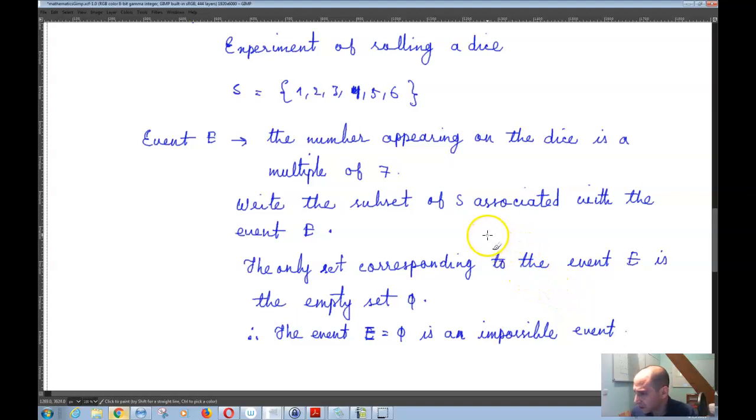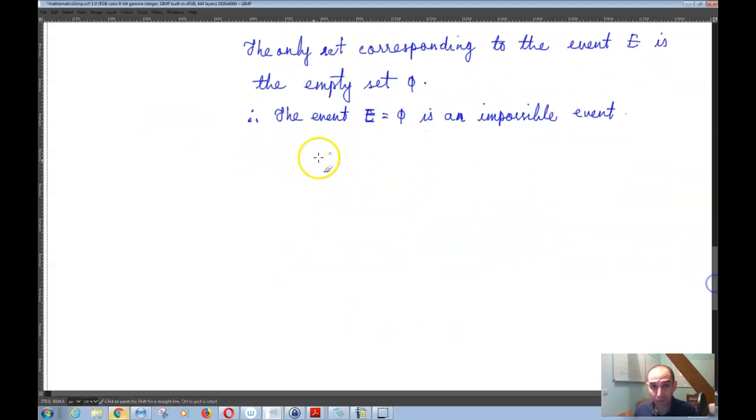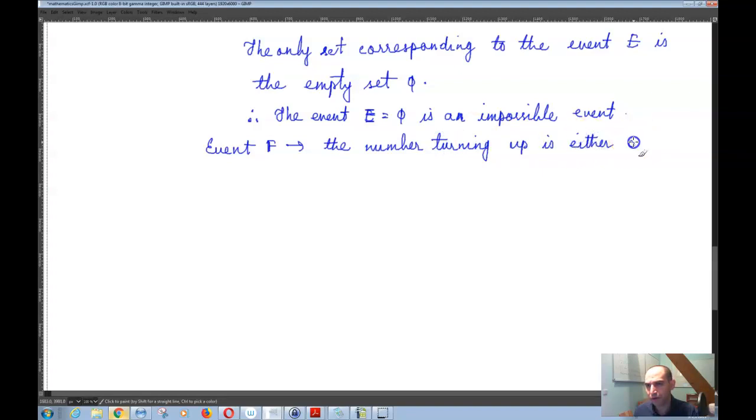Now let us take up another event F. The number turning up is either odd or even.